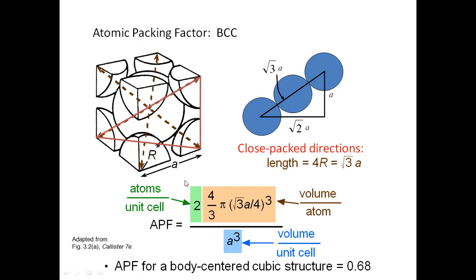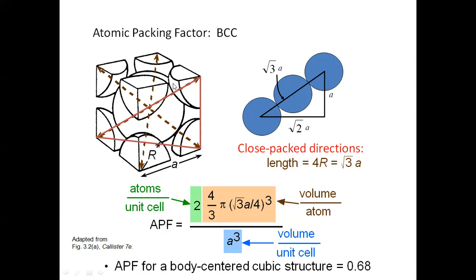So our atomic packing factor comes here. The formula comes back. The number of atoms in the unit cell we said is 2, isn't it? Then the volume of the atoms over the volume of the unit cell. The volume of the unit cell is a cube, so this is the formula for the volume of a cube, with our A here.